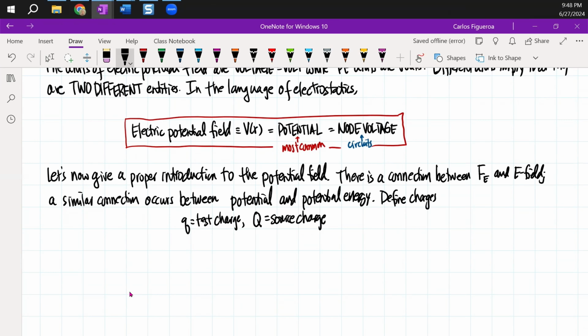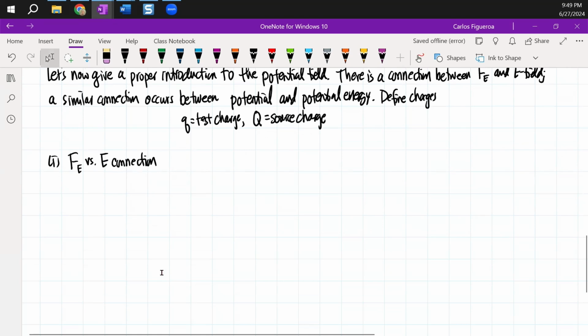So now let's look at these connections here. When I look at the connection between the electric force versus the electric field connection, what do we see here? Well, the electric force looks like this.